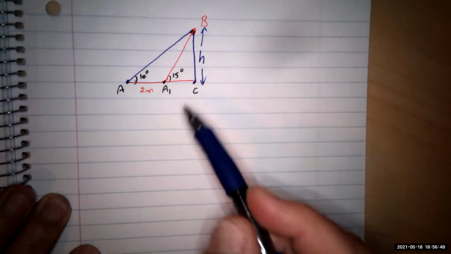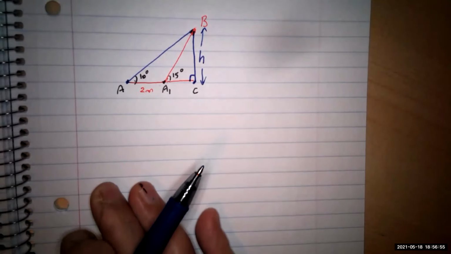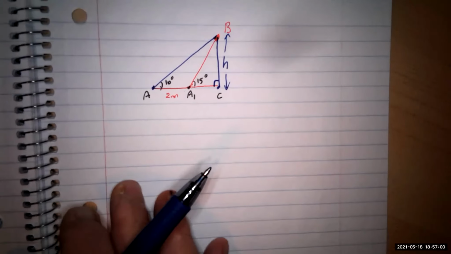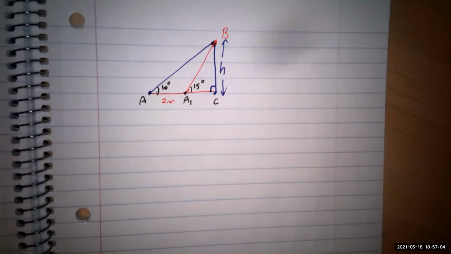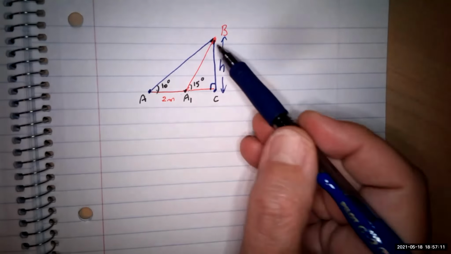What we'd like to do is find the height here. And you know that this triangle is going to be a right triangle. Read the problem carefully, it's going to be something similar. This is the best problem that you have on those application ones.